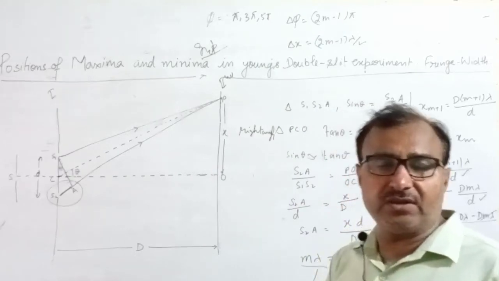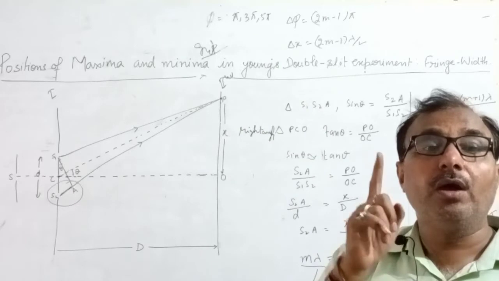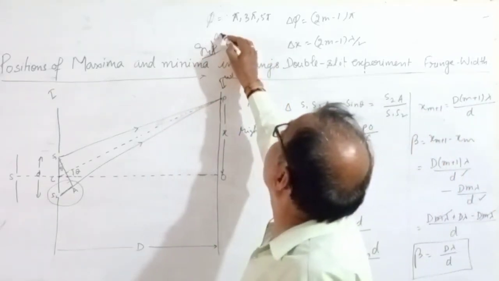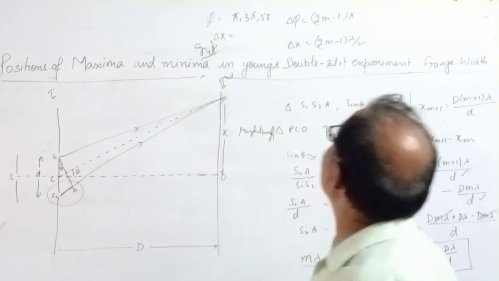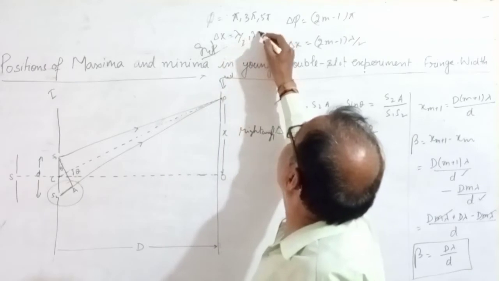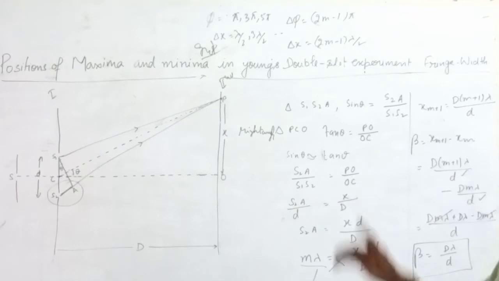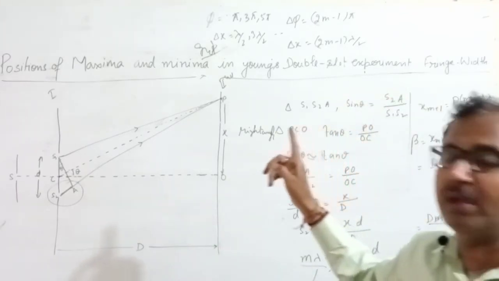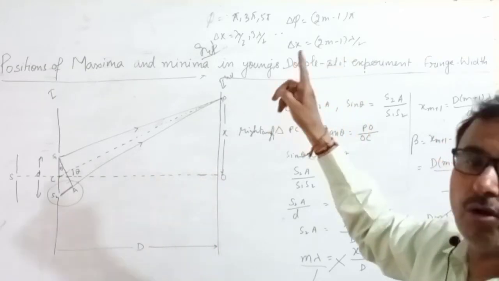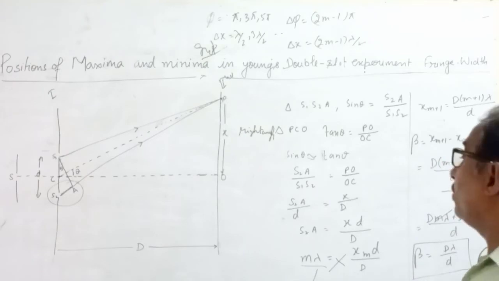So for destructive interference, the phase difference between two waves should be an odd multiple of pi. And the path difference, delta x, is lambda by 2, 3 lambda by 2, 5 lambda by 2, and so on: an odd multiple of lambda by 2.